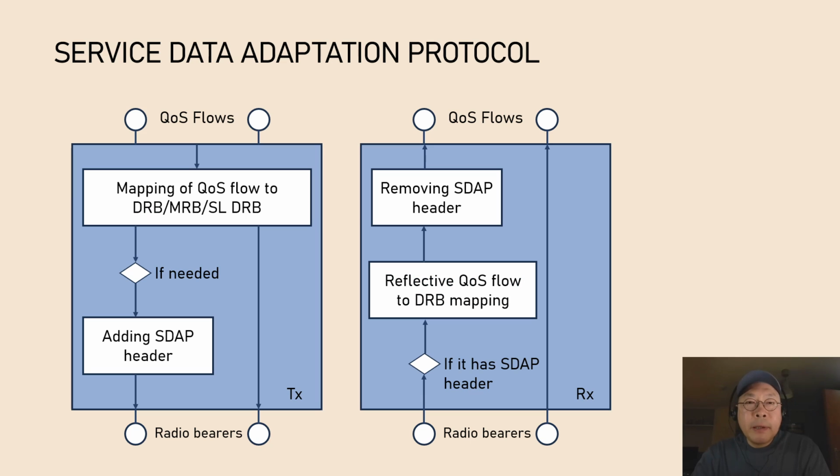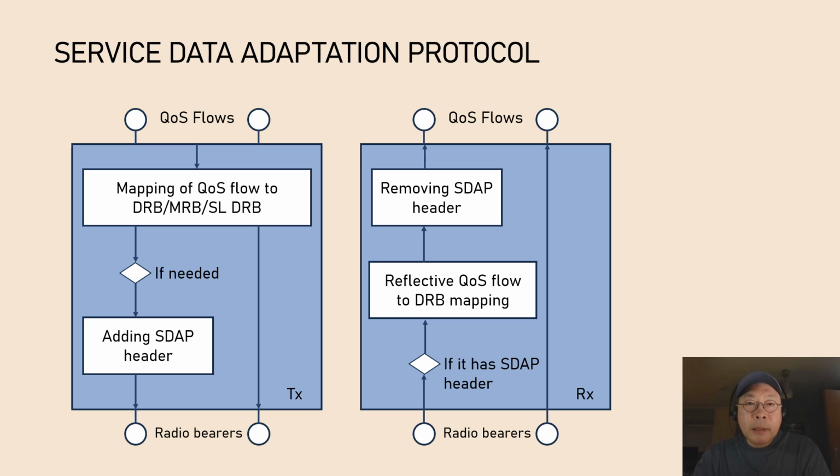This diagram illustrates how the SDAP layer handles data in transmission and reception. On the left, in the TX path, each QoS flow is mapped to a DRB, MRB, or SLDRB, and an SDAP header is added if needed.